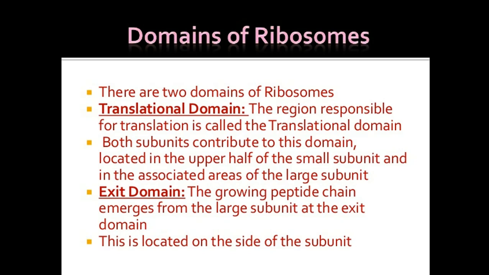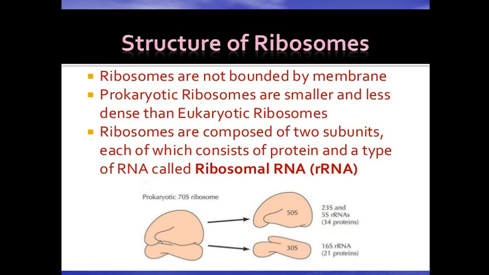So, any ribosome has two domains. One is the translation domain, where the translation of the messenger RNA coding takes place. Then afterwards a polypeptide chain comes out. That is what is known as the exit domain.